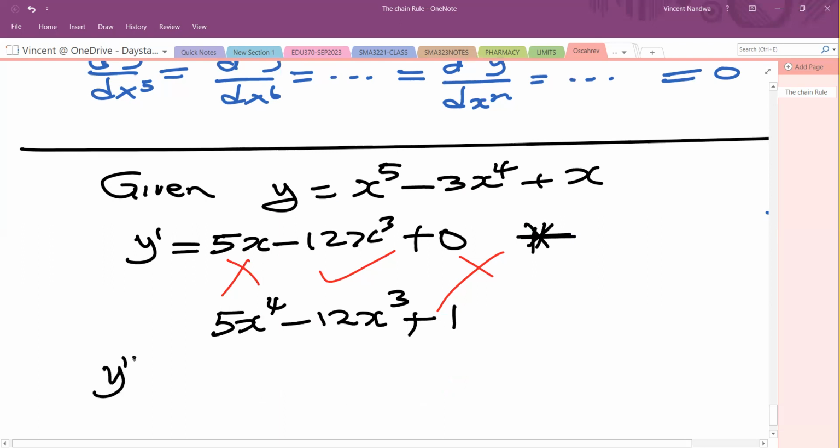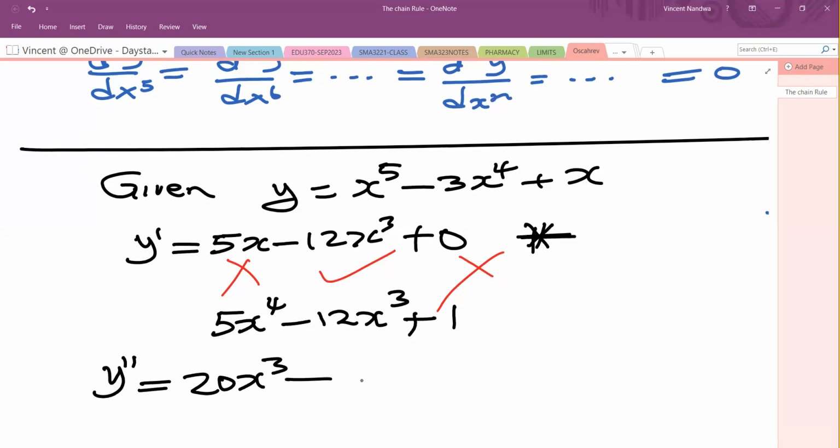Then second derivative, minus 6x raised to power 2, and then plus 0.